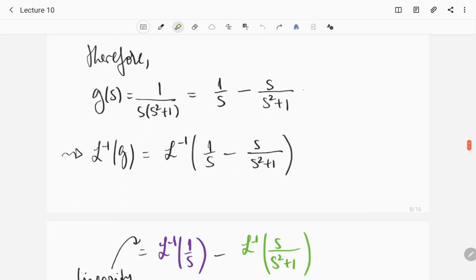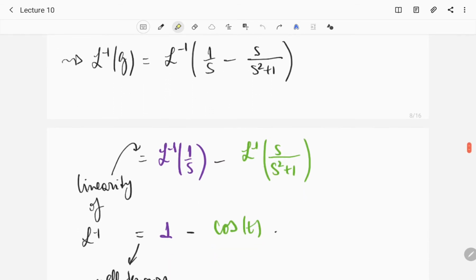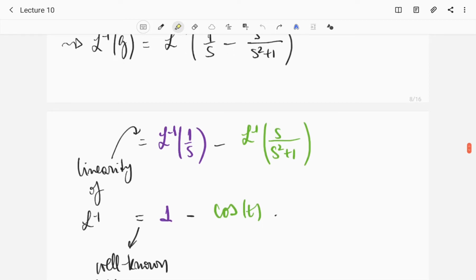Now, when we want to compute the inverse Laplace transform of this expression, it's easier because we use the linearity here. So we split this expression into pieces, and now we know these two are well-known Laplace transforms.